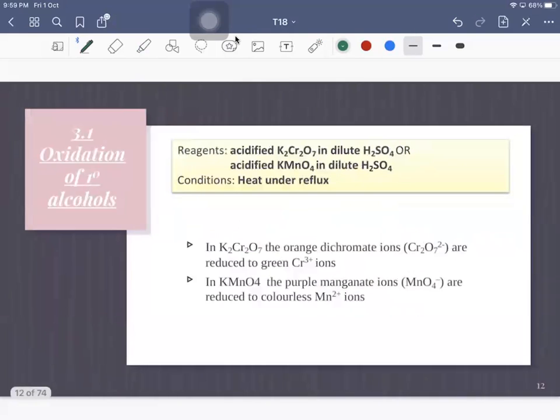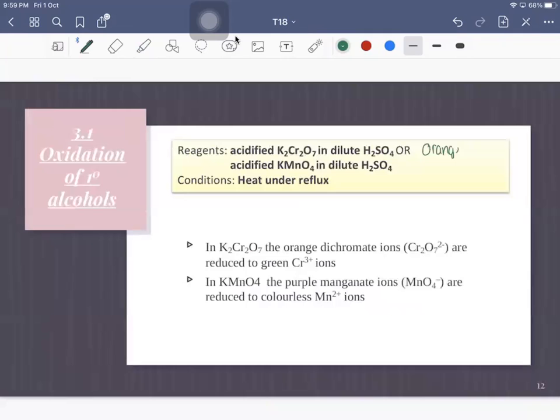Moving on to the, oh, we haven't moved on yet. Don't forget, when you use these oxidizing agents, you should expect to see color change. When you use dichromate, you will see orange to green.